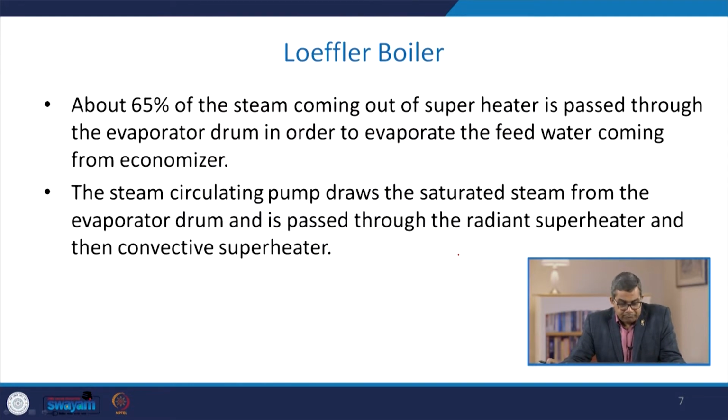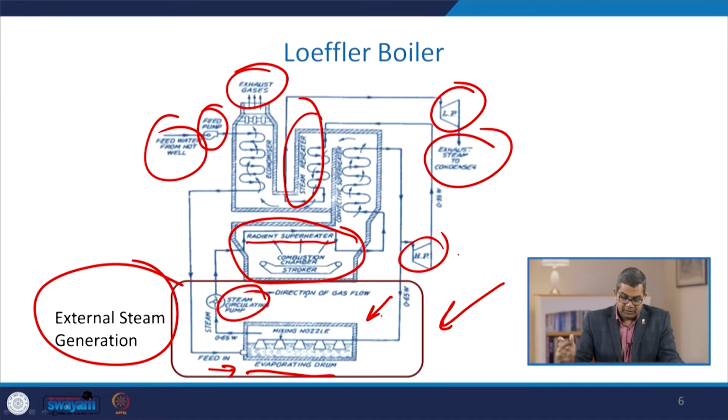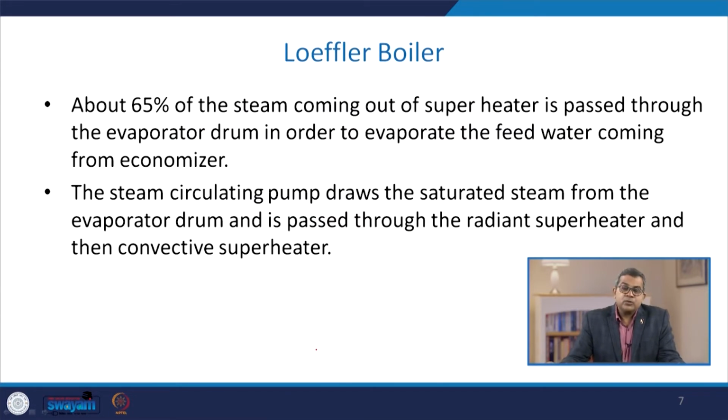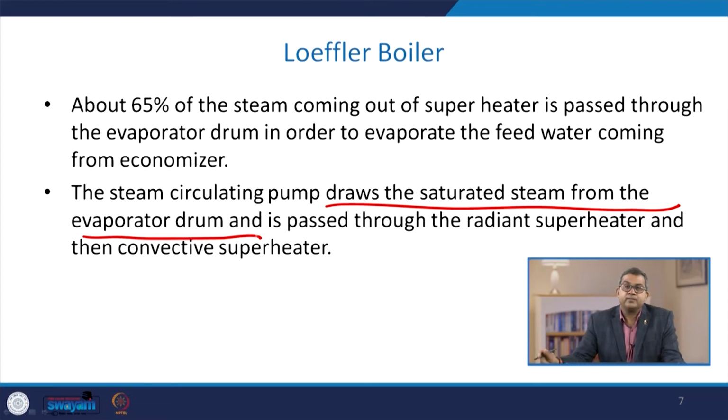Usually about 65% of the steam coming out of the superheater, that is here, is passed through the evaporator drum in order to evaporate the feed water coming from the economizer. The steam circulating pump draws the superheated steam from the evaporator drum and passes it through the radiant superheater, which is situated here, and the convective superheater.